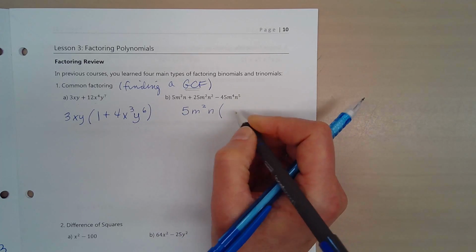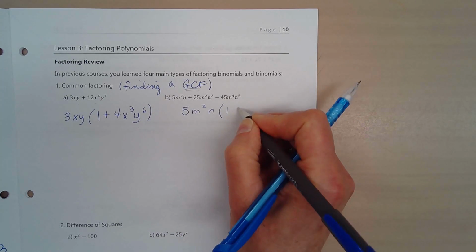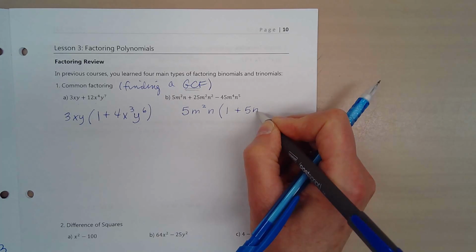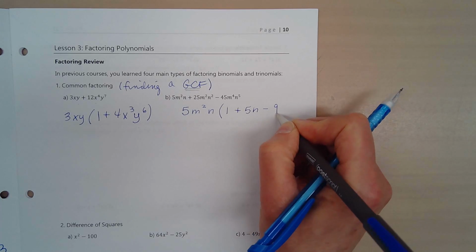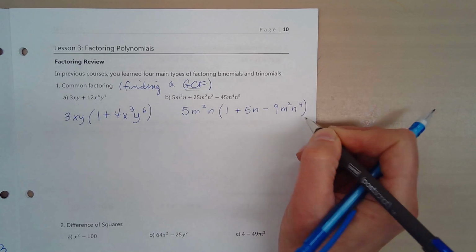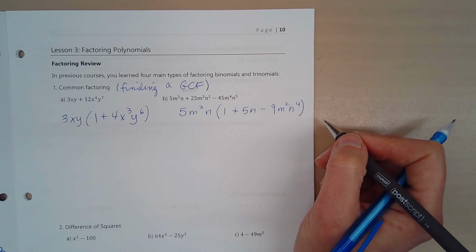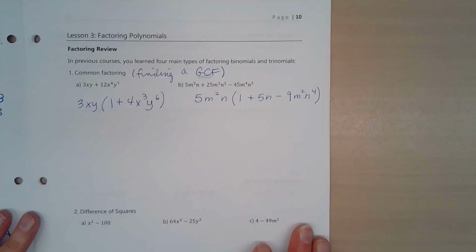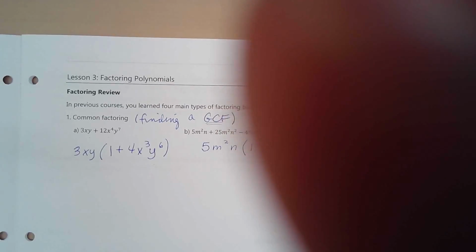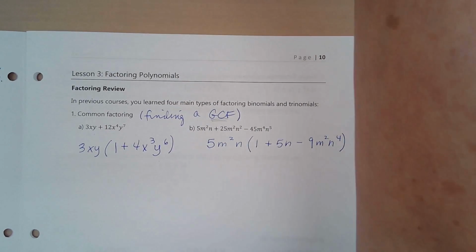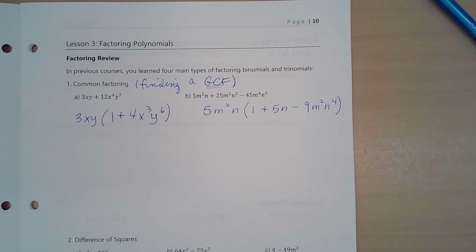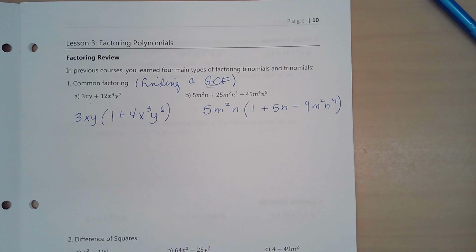So again, I have 5 m squared n to the power 4, times 1 plus 5n minus 9. Yeah? Now, pulling out a GCF is crucial. Anytime there's a greatest common factor, pull it out, because it reduces the size of the numbers you have to work with. Anytime you can reduce using a greatest common factor, do so.